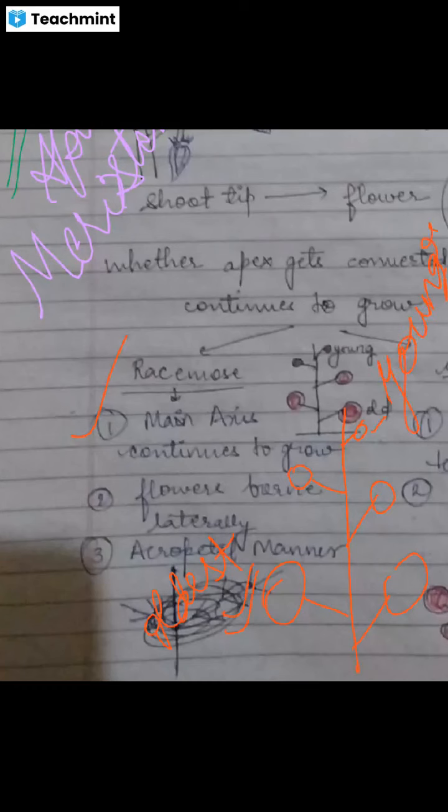The main axis will never bear a flower, rather it continues to grow and the side portions bear the flowers. ठीक है, the flowers are born laterally in an acropetal manner. This type of arrangement is acropetal and this is your racemose type.